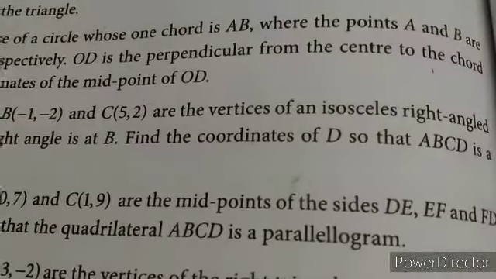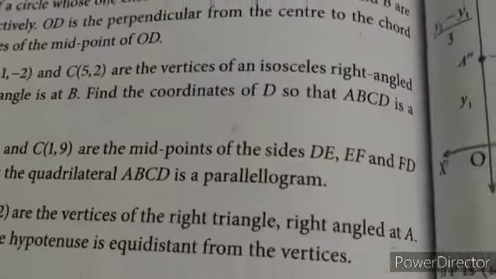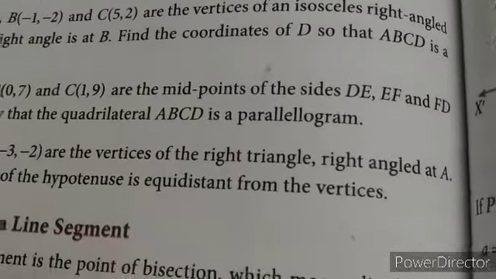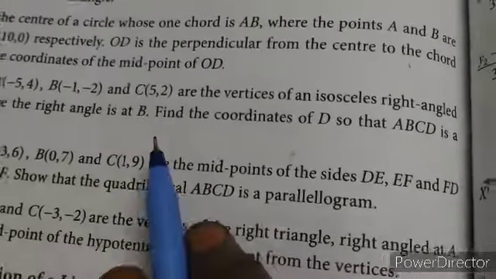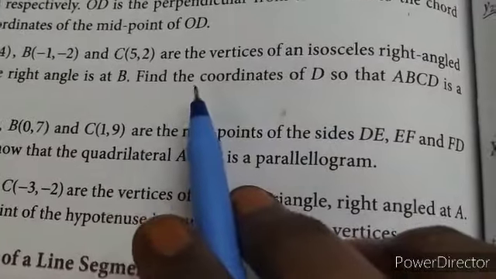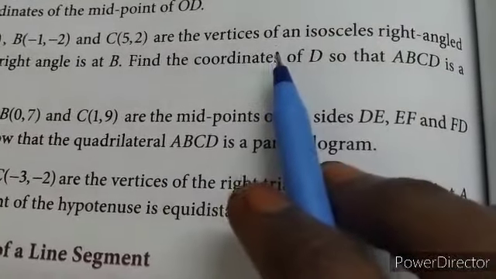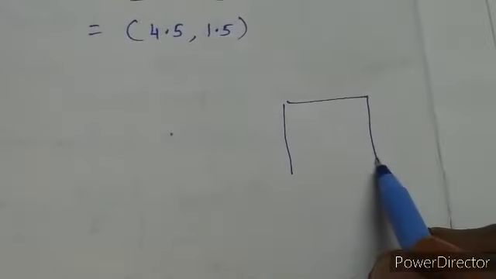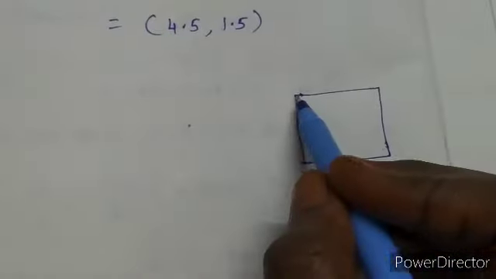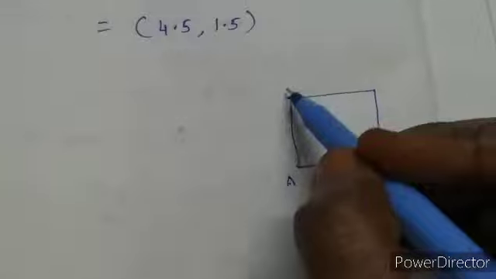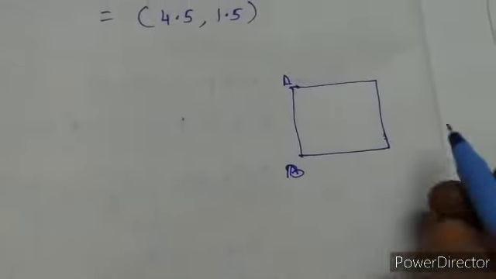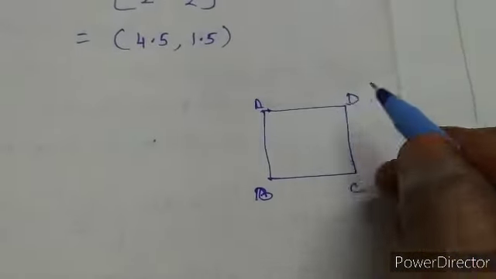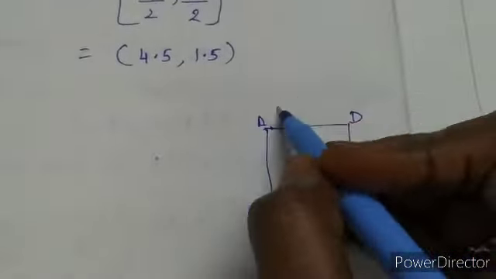Let's try question number 6 in the classwork. First step, write the given. In a square, the diagonals are equal and bisect each other. Here in the square A, B, C and D, what are the points given in the question?